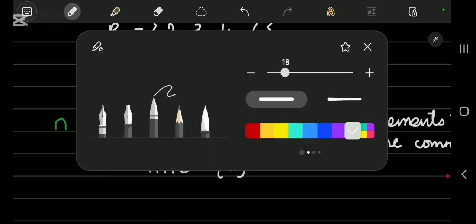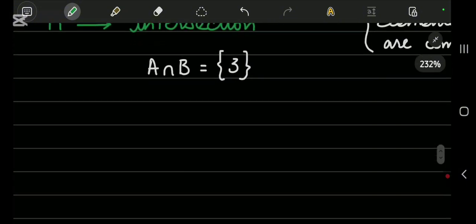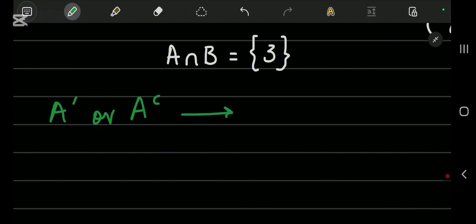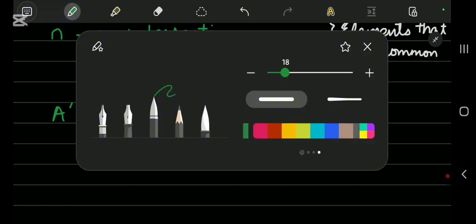Okay, now one more thing, and we will cover 1 or 2 more things, and then we will be done with the symbols and move on to the Venn diagrams part. So A dash, A prime or A C represents complement of A. And what does complement of A mean?